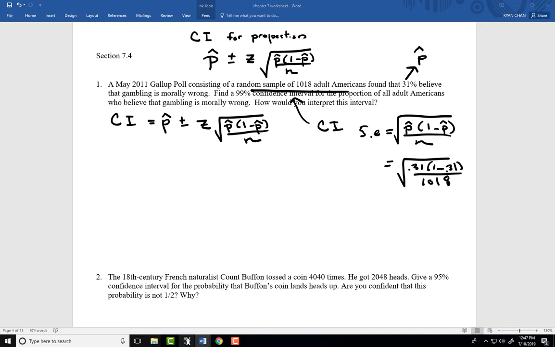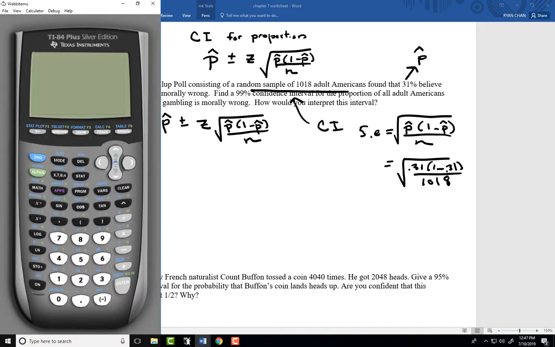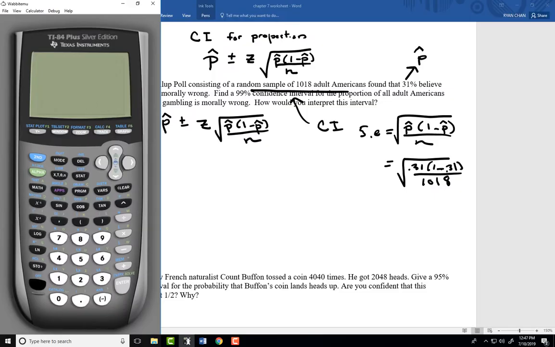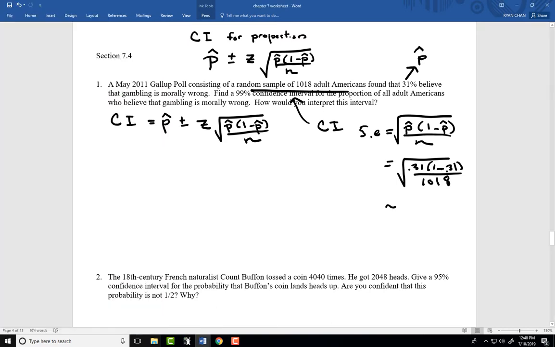I'll enter this in, and this is 0.0145. We'll go four places.